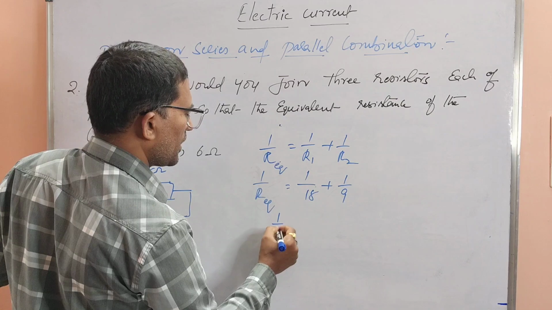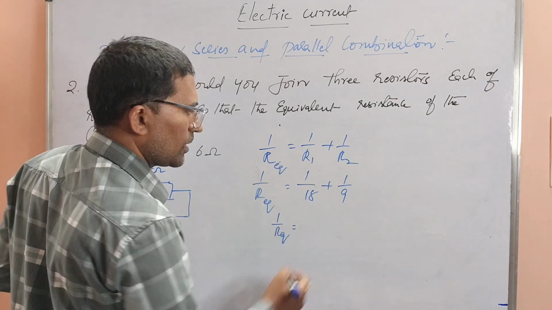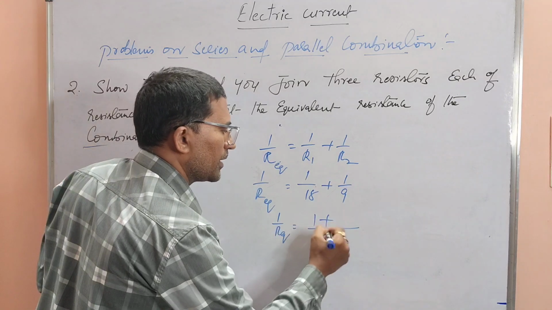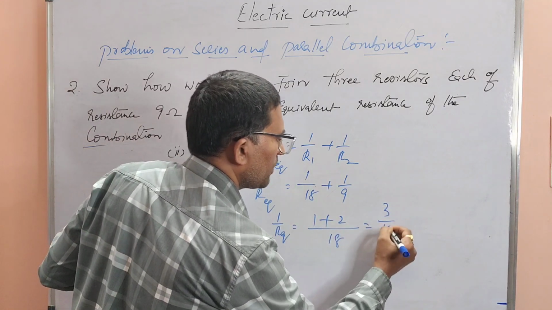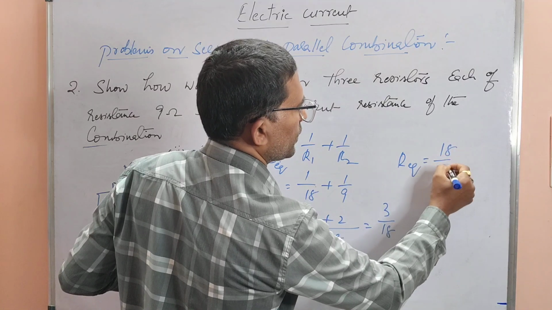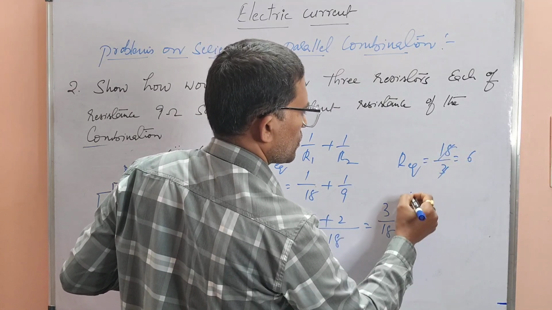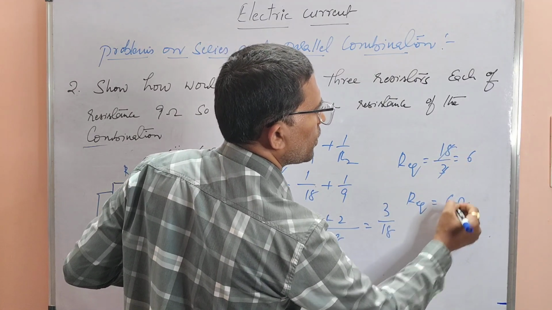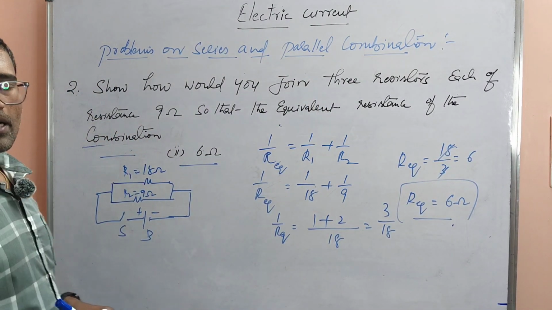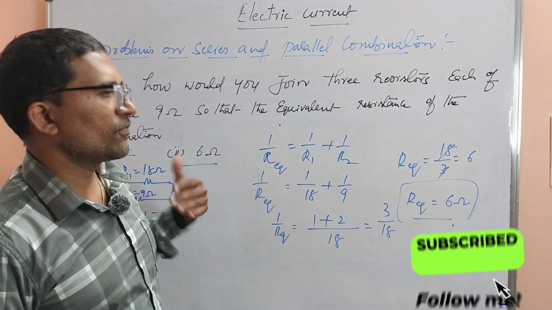That is 1 by R equivalent is equal to, LCM is how much? 18. 18 will go in 18 one time, and in 18 this is 2 times. It will become 3 by 18. Reciprocal if you do, R equivalent is equal to 18 by 3. 3 sixes are 18. So R equivalent is equal to how many ohm you got? 6 ohm.